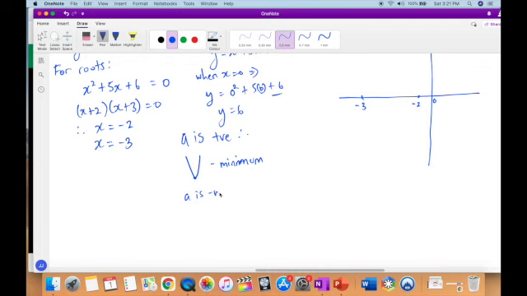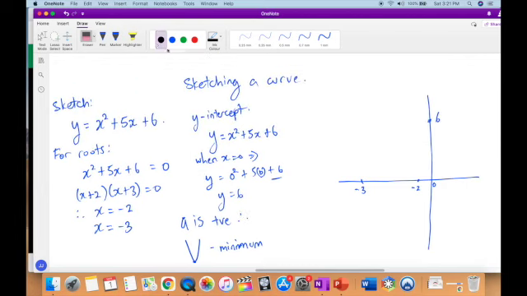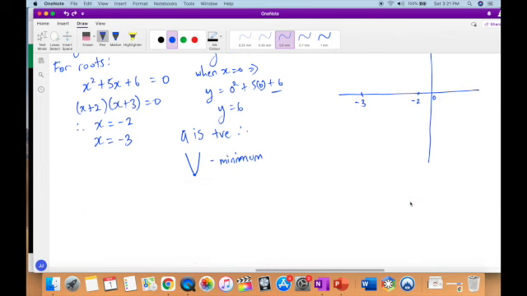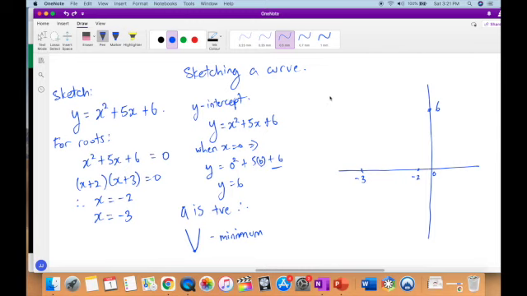When a is negative, it'll be shaped like this, and you'll have a maximum. We'll see the maximum and minimum later. So because a is positive, we know it's shaped like this, because it could be shaped either way. It will have a minimum, and it cuts the y-axis at 6 and the x-axis at negative 2 and negative 3.